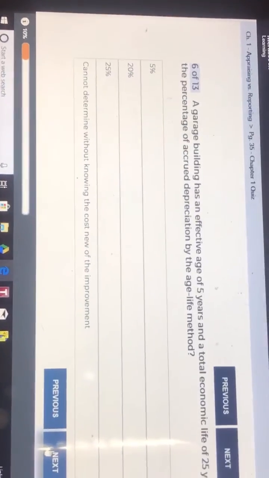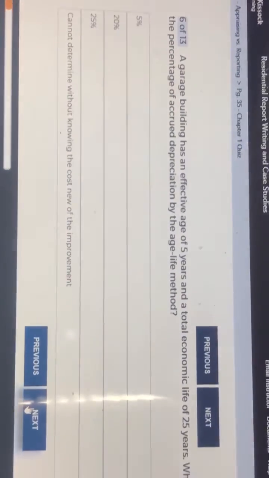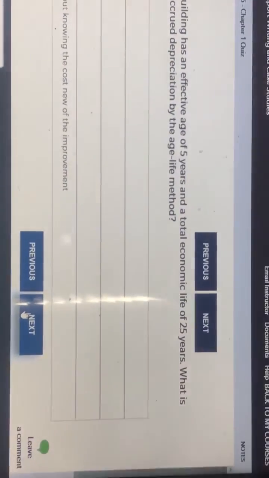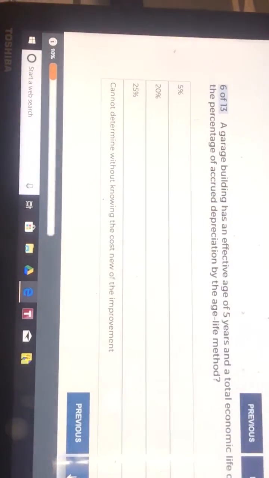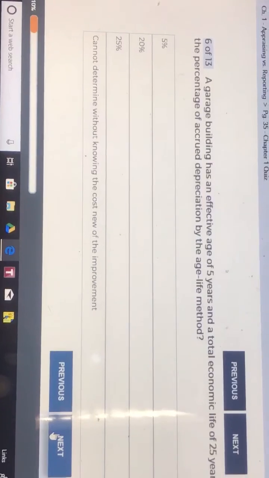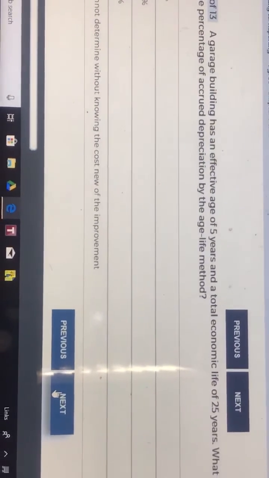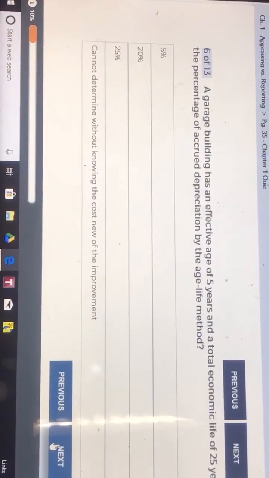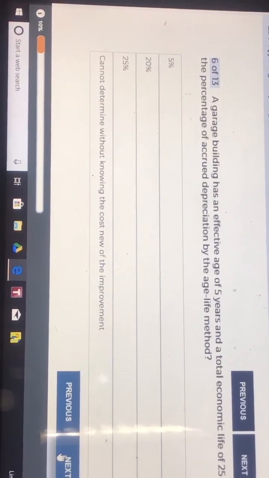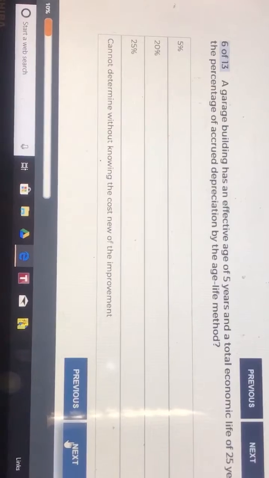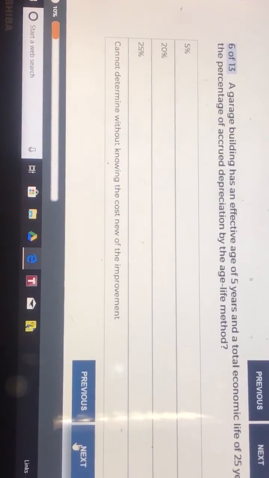Number 6, a garage building has an effective age of 5 years and a total economic life of 25 years. What is the percentage of accrued depreciation by the age life method? A, 5%. B, 20%. C, 25%.